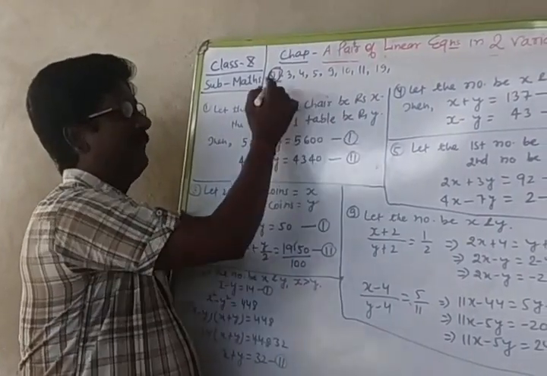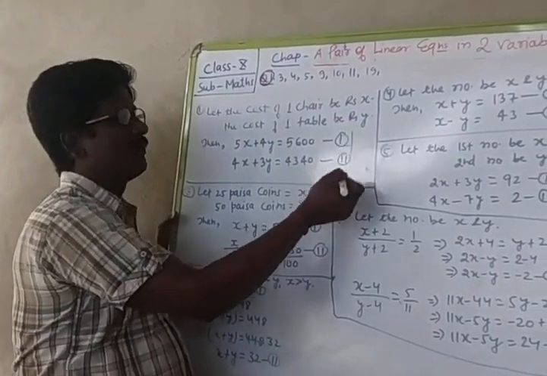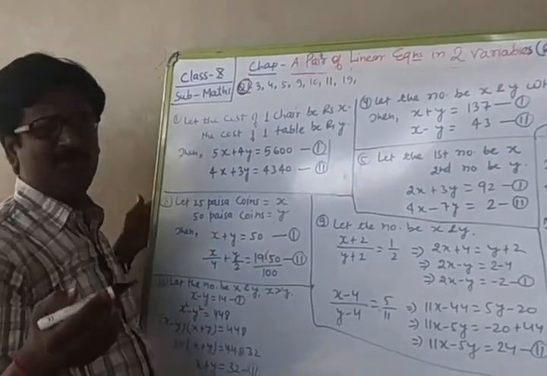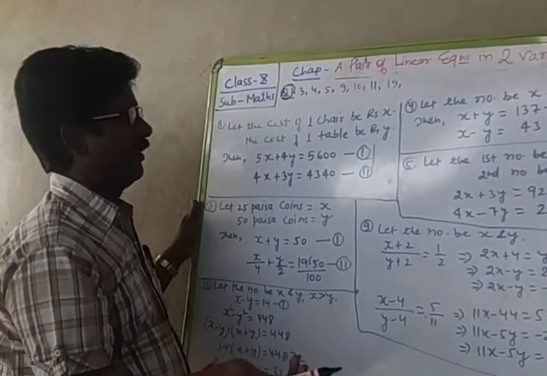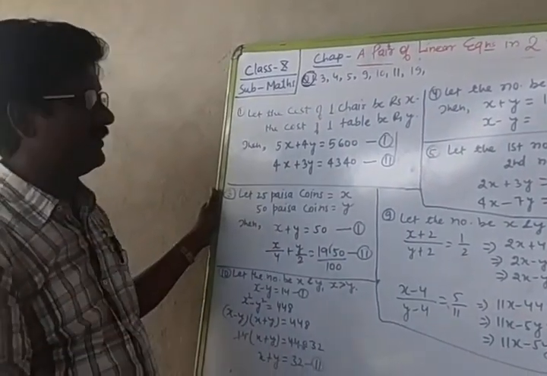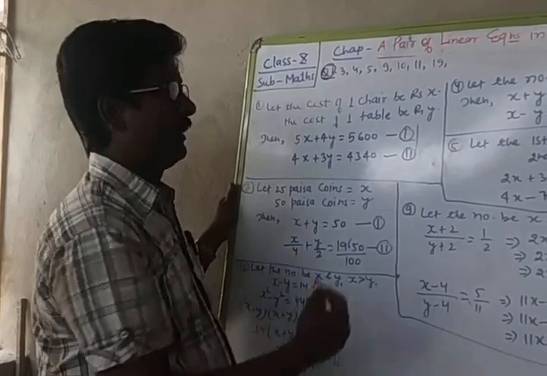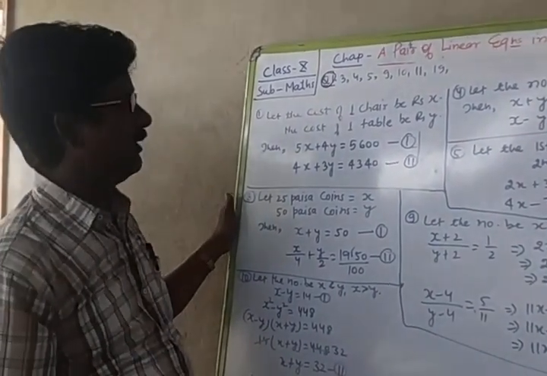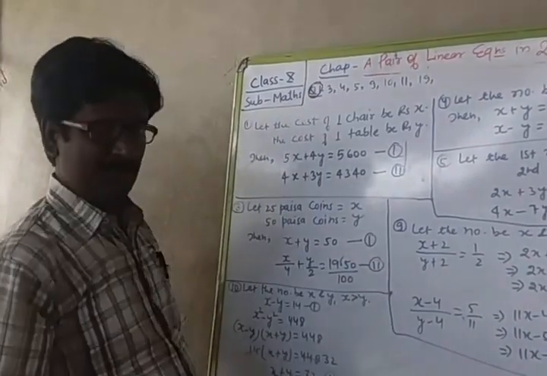Now we have to solve these equations, and when we solve them, we will get the value of x and y. The value of x will be the cost of one chair, and the value of y will be the cost of one table. Okay. Now see question number 3.